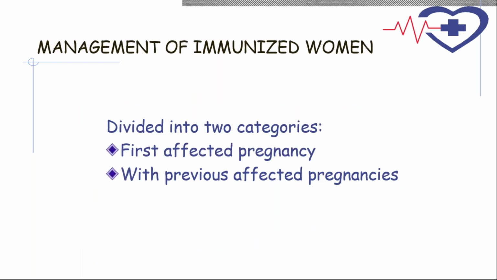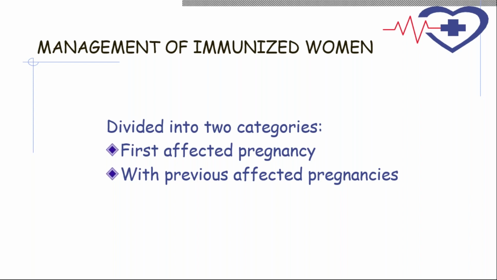Next slide please. Then how to manage an RhD-immunized woman? These are women who you have been monitoring with ICT, which means first affected pregnancy. What is first affected pregnancy? When you are monitoring her with ICT, and anytime the ICT comes positive, that is the first affected pregnancy.